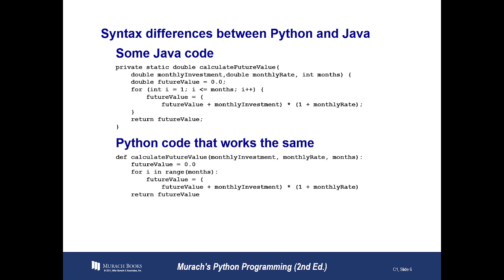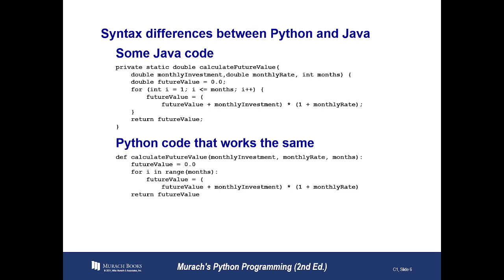So we see that with the Java, the return value is declared as double at the very top line of that Java program, and then for the Python, there is no declaration of float or double. The future value variable is assigned 0.0, but it does not have double before it.